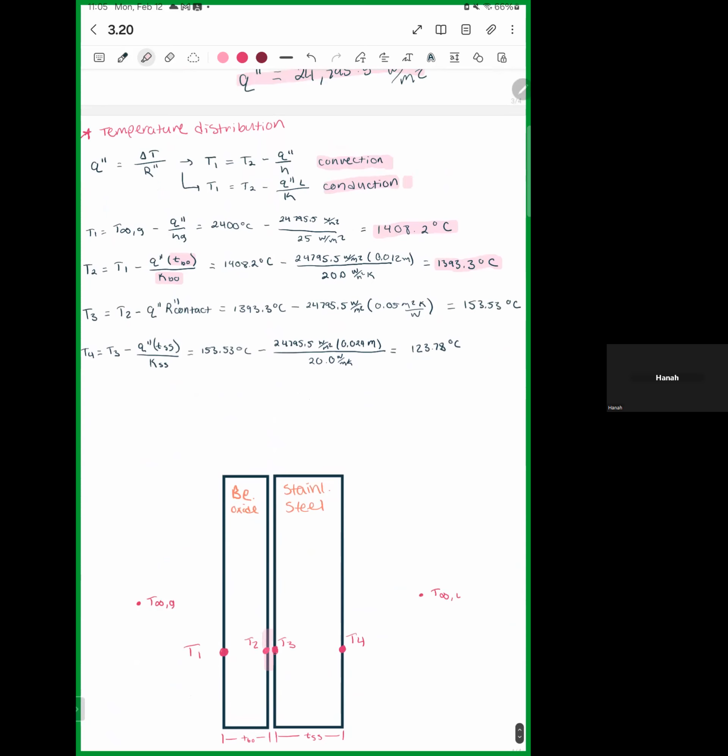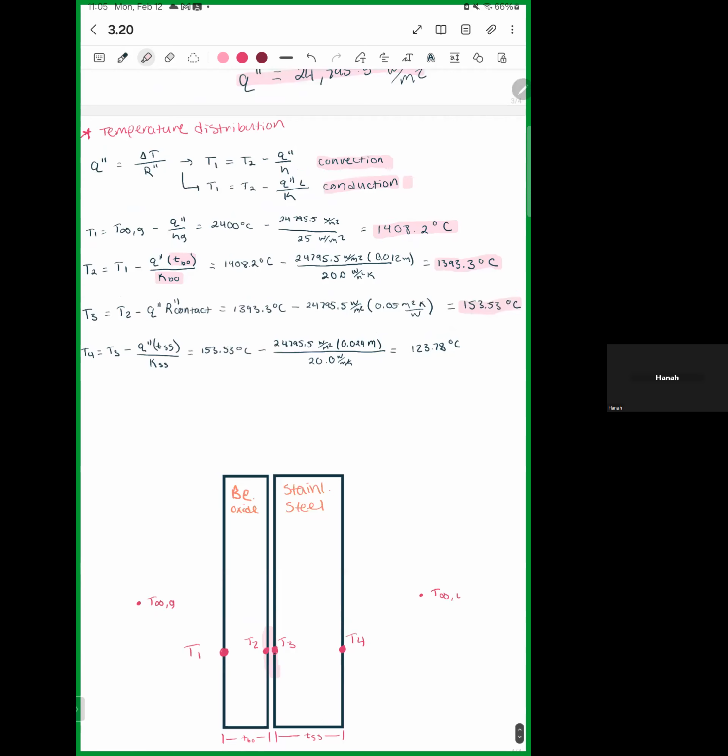So that's right here. For this, T3 equals T2 minus Q double prime times the contact resistance that we were given. When you plug these numbers in, you get 153.3 degrees Celsius for T3.